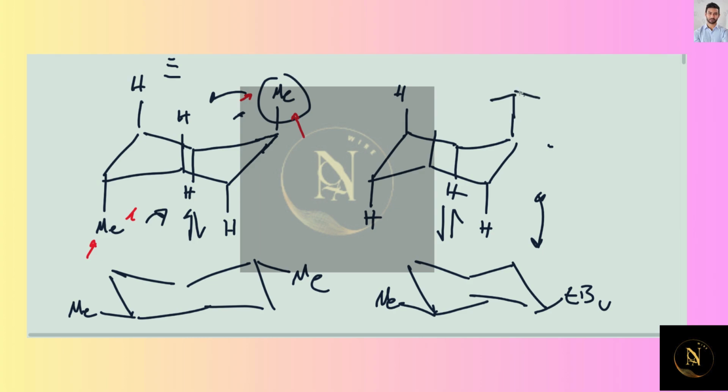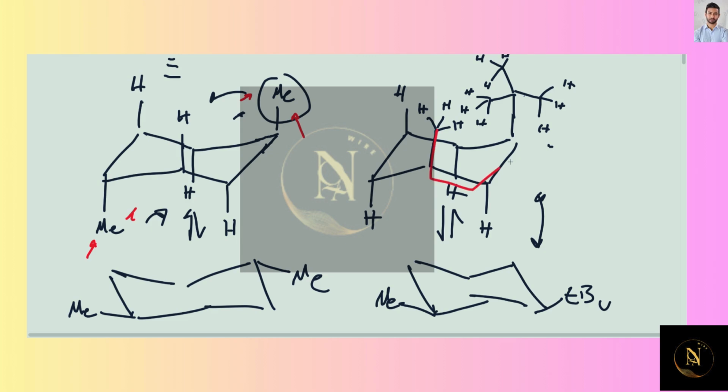And each of these is going to have 3 hydrogens. In fact, you are going to get what's known as, I believe, a syn-pentane interaction, which is one of the least favorable.